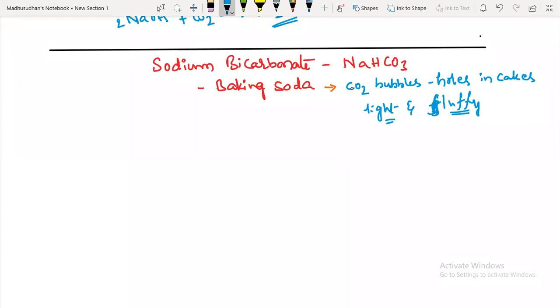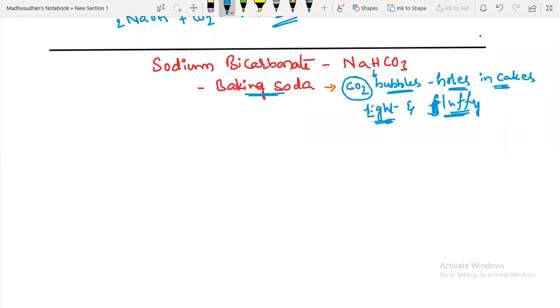So this sodium bicarbonate, on heating, generates carbon dioxide bubbles in the food material. And when it tries to escape out, it creates holes in cakes and pastries. Then the substance becomes very light and fluffy in nature. That's why it is called baking soda.